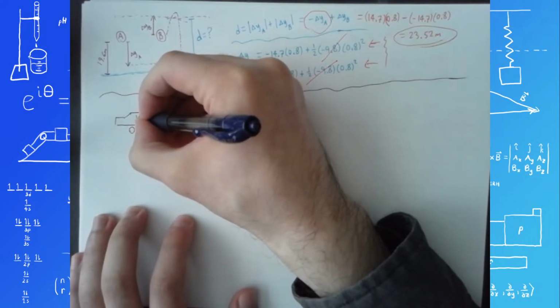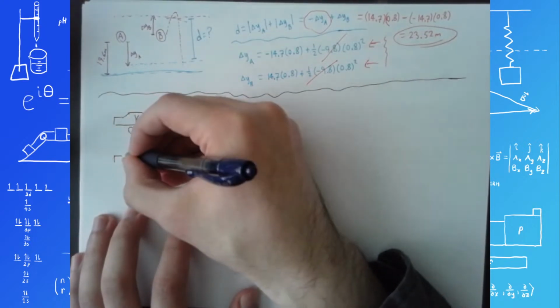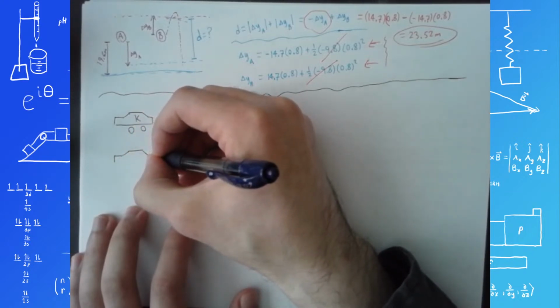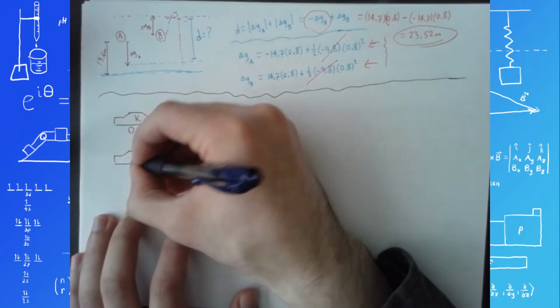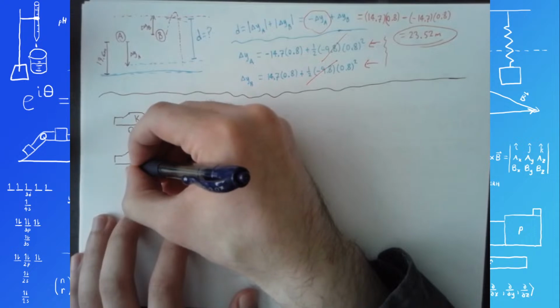Car K will be Kathy's car, and car S will be Stan's car. I feel like I've made these cars way too lopsided, but that's okay. I'm not the art teacher after all.